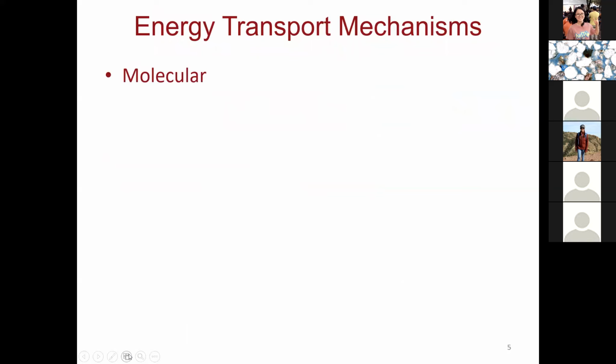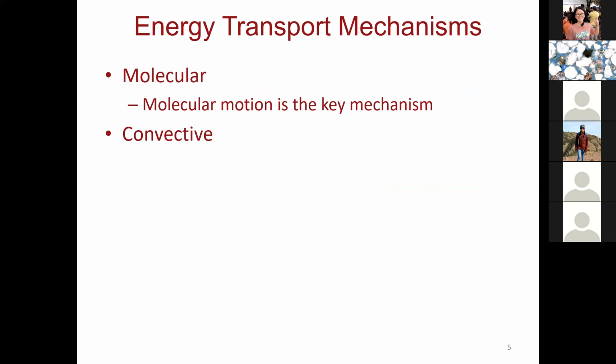Okay, so I will also have a molecular transport mechanism for energy, and basically molecular motion underlies that one. We will have convective energy transport, things that are simply brought into my control volume, specifically when I have bulk motion of the fluid.